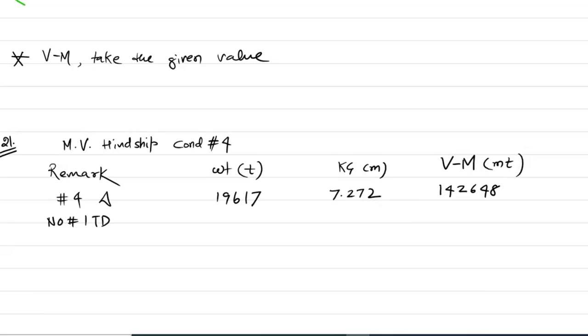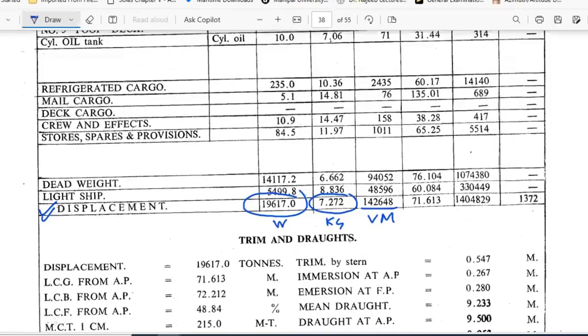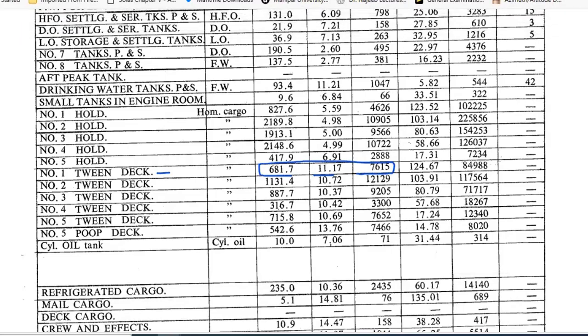Discharge करेगा तो क्या आएगा? This sign will be minus. And now we'll go back to the condition. Number 1 twin deck. आया कहीं? 681.7. और ये KG है, ये इसका vertical moment है. दिया हुआ.